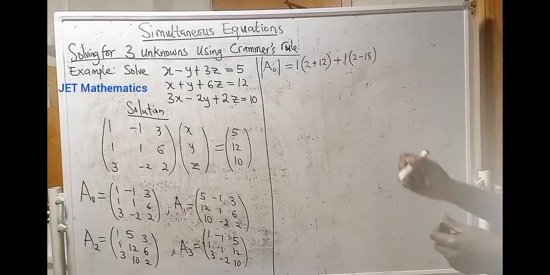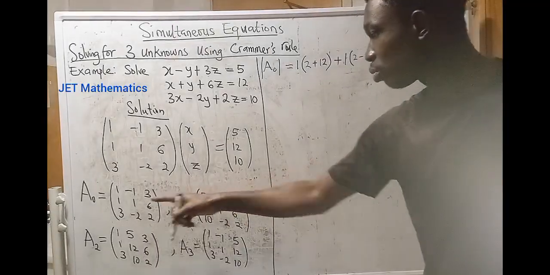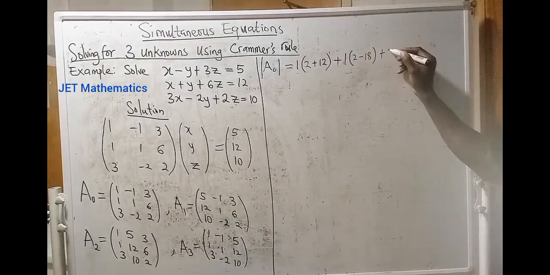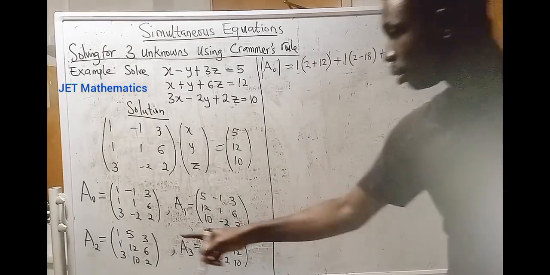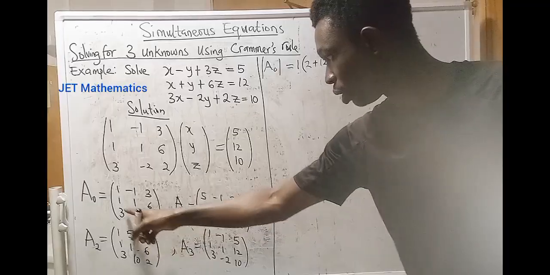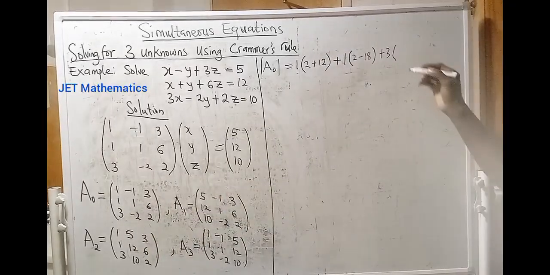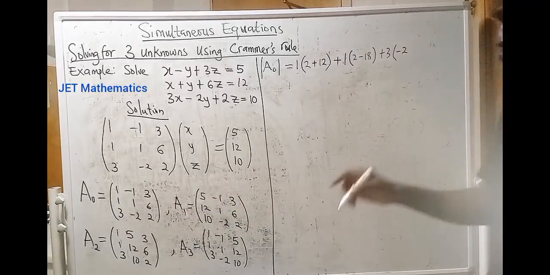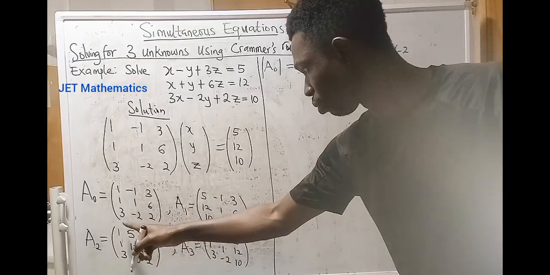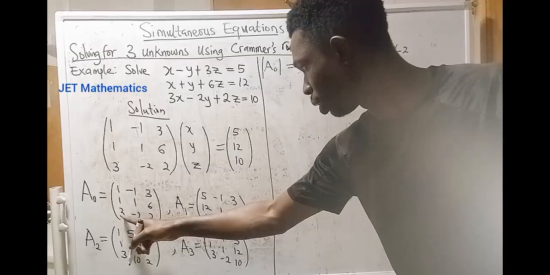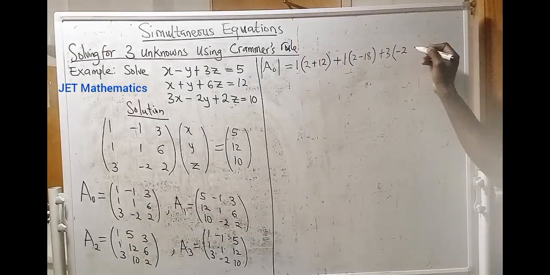And then we have this last one to be 3, and here to be, this time this is minus 2, and this times this is 3, so we have minus 3.